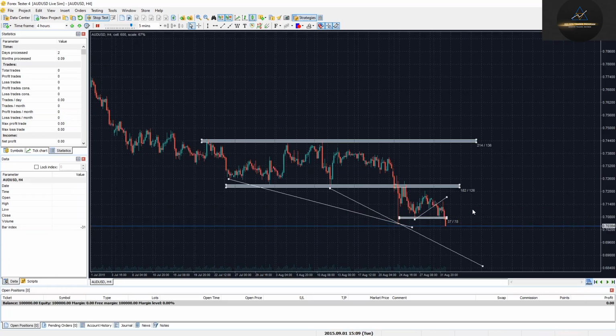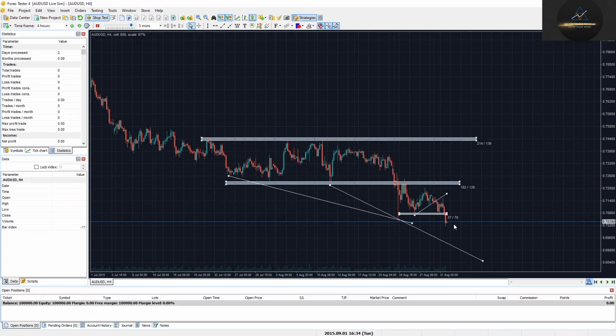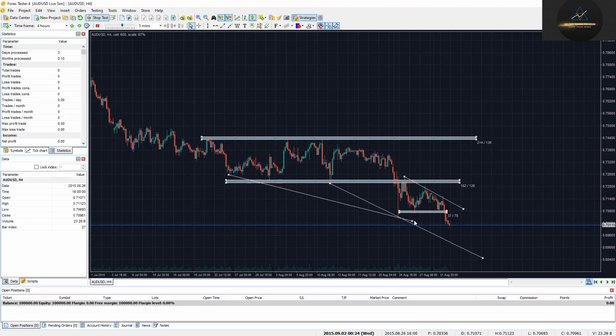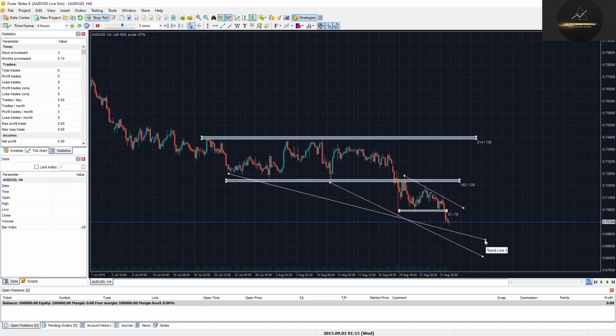Here we go. Nice. Got a bit of a chart pattern forming here. So let's slow this down a little bit. It's hard to tell if there's a pattern here. So let's continue to wait.